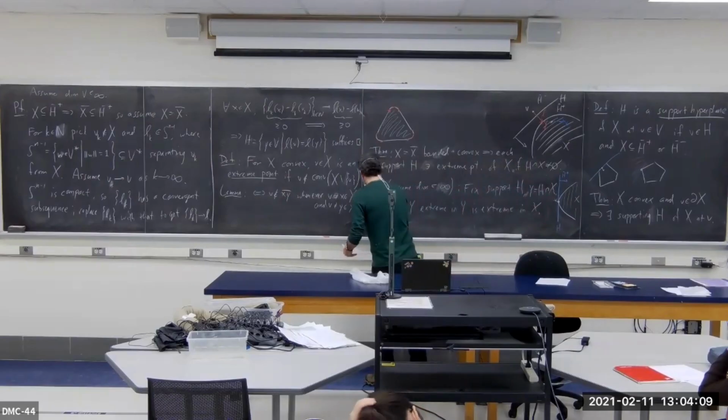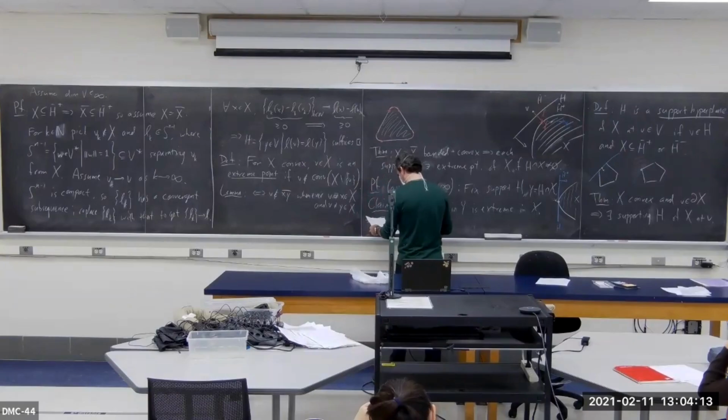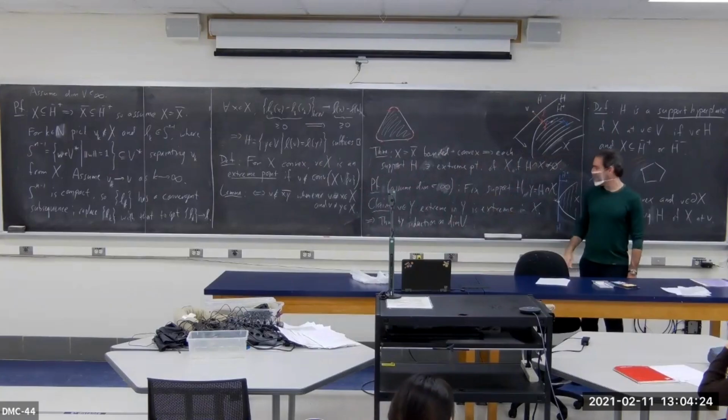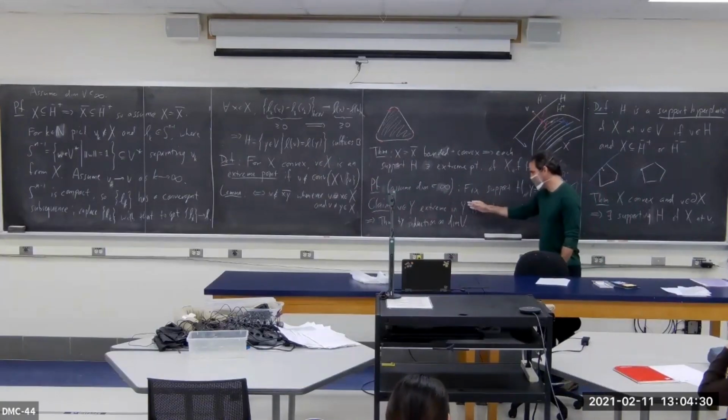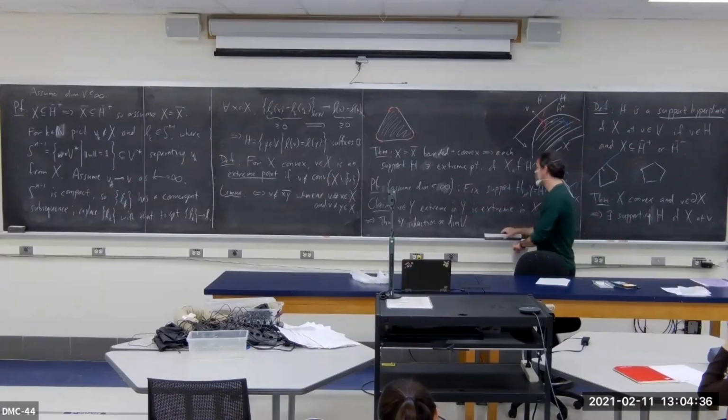So this implies the theorem by induction on the dimension of the ambient space. Because now Y sits inside of a hyperplane, and the hyperplane has dimension 1 less than the dimension of V. And so if Y has an extreme point inside of H, and so does S, then X has an extreme point inside of H. Yeah.